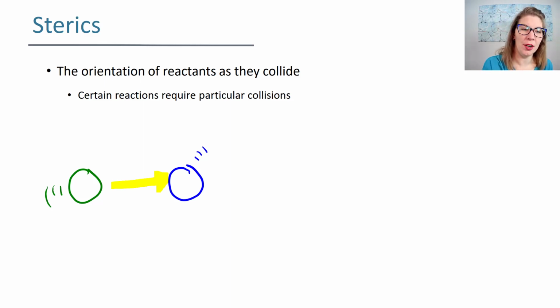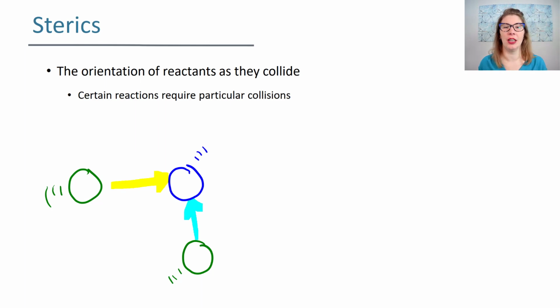But if it were to collide from a different direction, then no reaction would happen. This is called sterics, or a steric consideration, meaning that whether or not a reaction is going to happen depends upon the type of collision and where the collision is occurring.